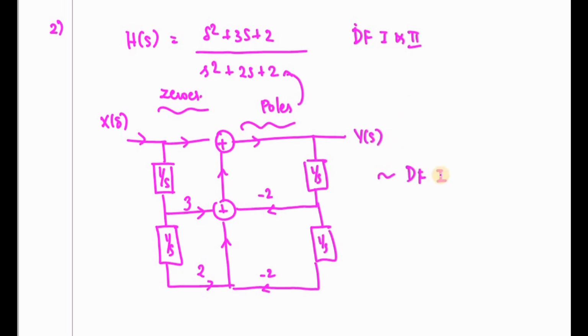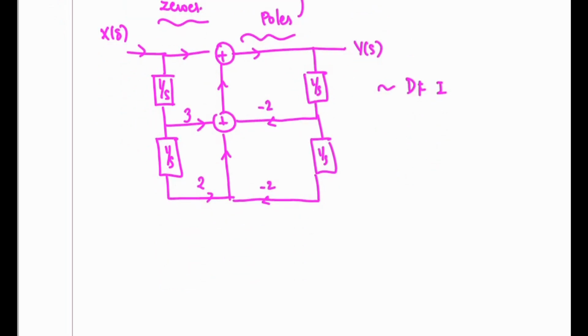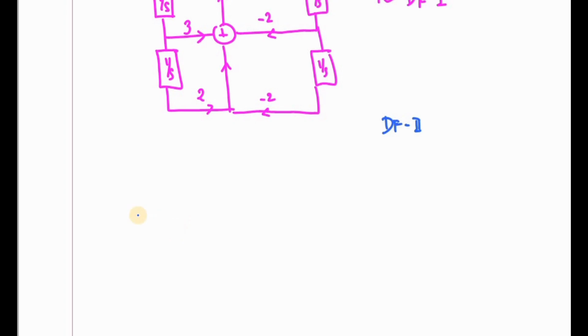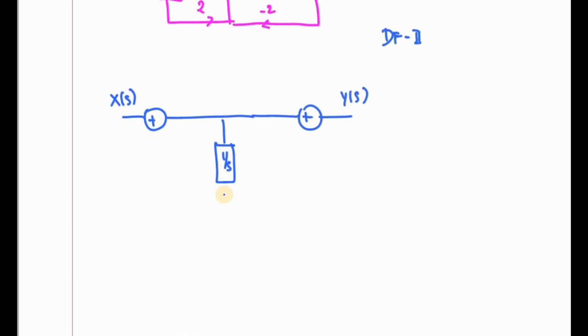So if I want to go for the direct form 2, I simply have to change the direction, right? So the entire thing has to come here. So this is your x of s, y of s, 1 by s, 1 by s, right?